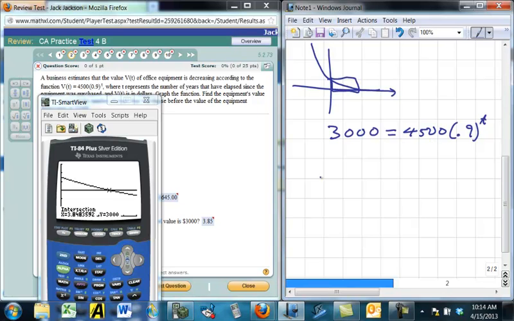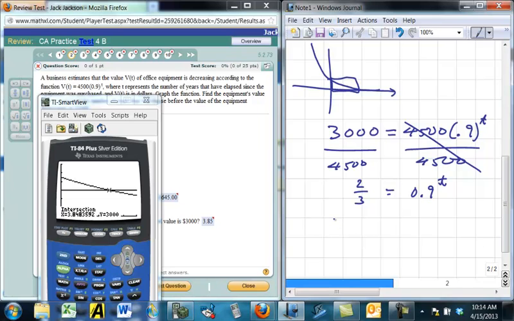Divide both sides by 4,500, and those will cancel out. So here we have 0.9 to the t. Let's see, this is divide top and bottom by 100, that's 30 over 45, then by 15, that's 2/3.